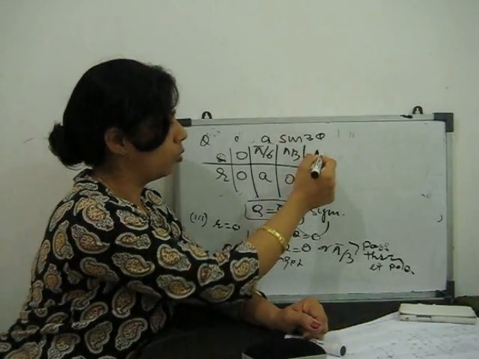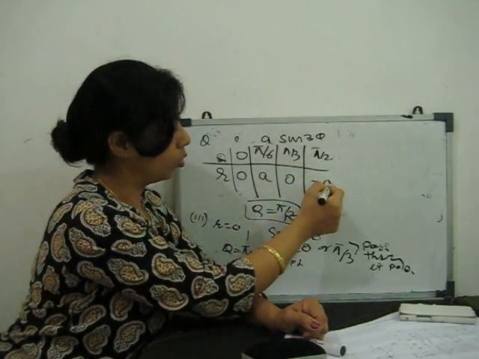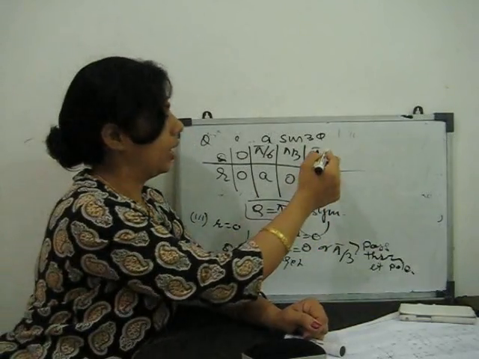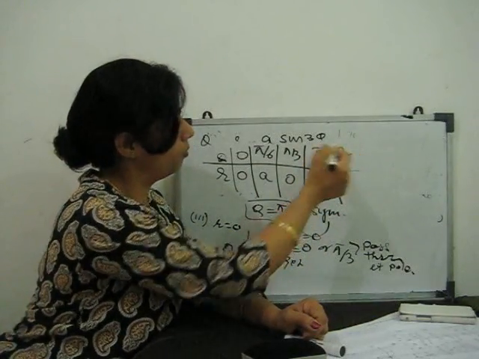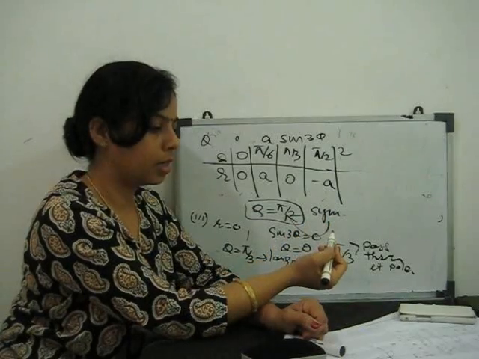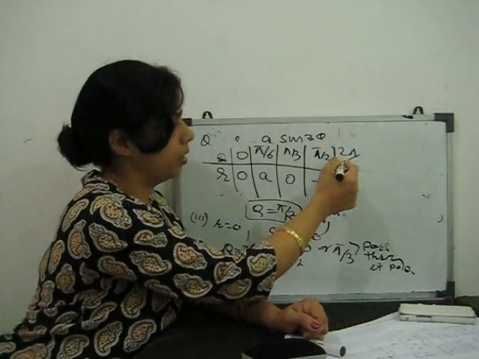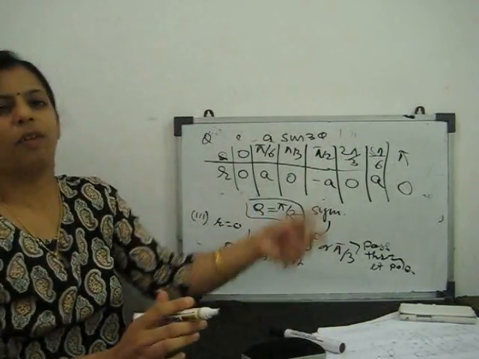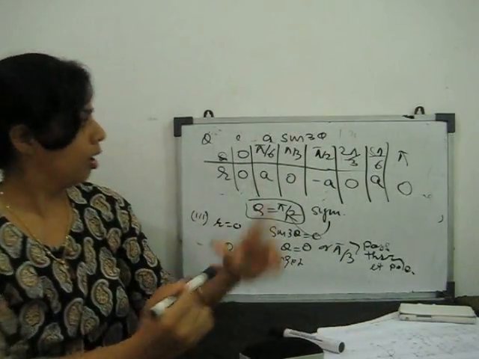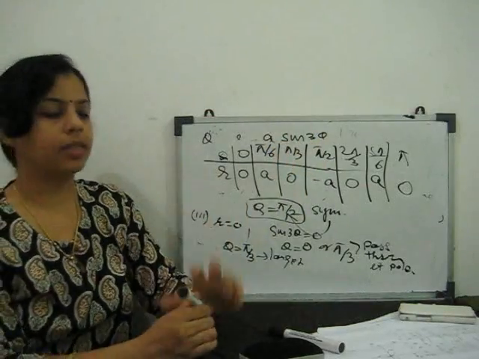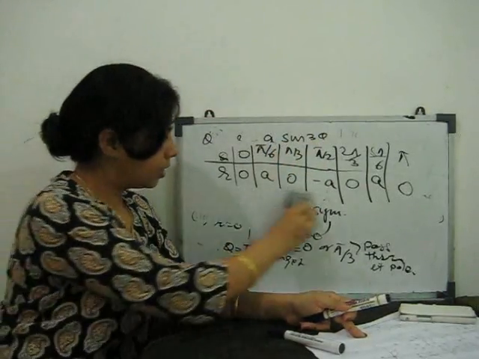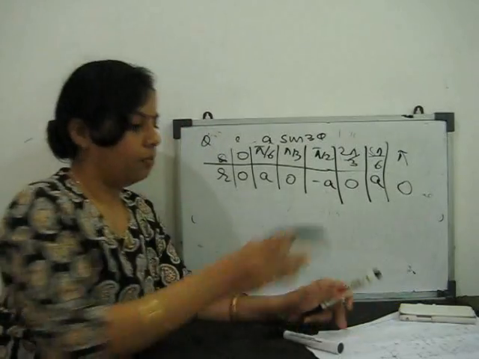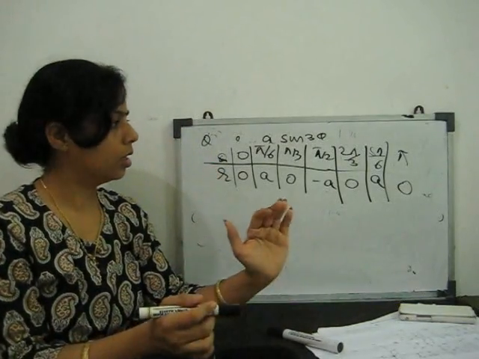Then theta is equal to pi by 2, r is equal to minus a. Then again we increase by pi by 3, then 2 pi by 3, and theta is equal to pi. You just need 5-6 points to draw. You substitute these points and find the values. When we find the table, we have to draw the given curve.